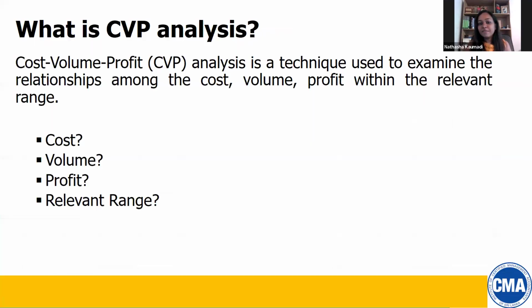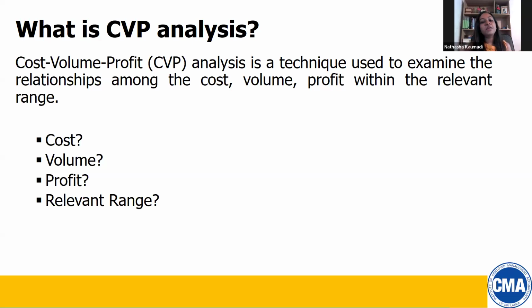Now, CVP analysis is a short run decision making tool. That means, can we use CVP analysis as a long run decision making tool? Can you identify these relationships in the long run using CVP?